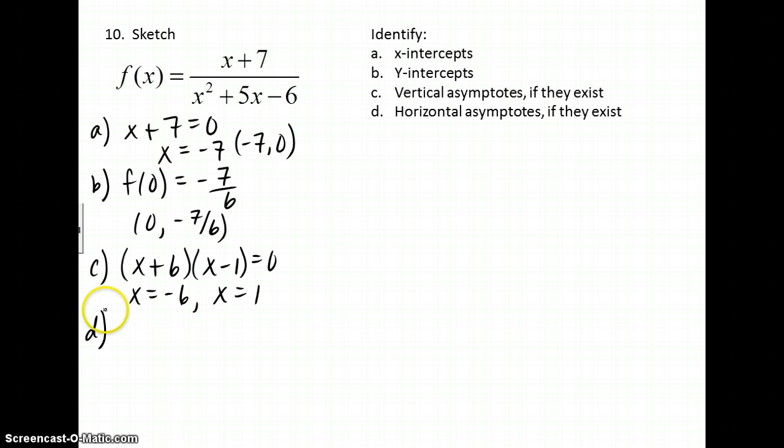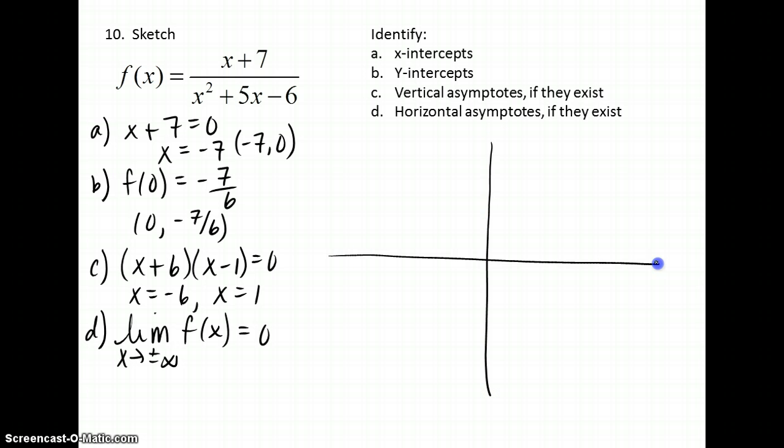And then horizontal asymptote, when we find the limit at infinity, either positive or negative infinity, the function is bottom heavy, so the limit's going to be 0. 1, 2, 3, 4, 5, 6, 7. At -6, we have a vertical asymptote.